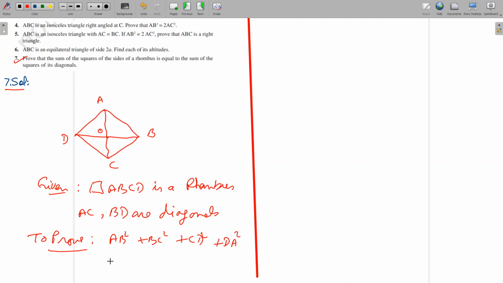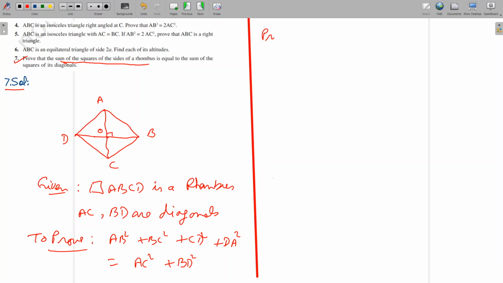That will be equal to the sum of the squares of the diagonals. The diagonals are AC and BD, so the squares are AC square and BD square, and we take the sum, that is AC square plus BD square. So this is what we have to prove.